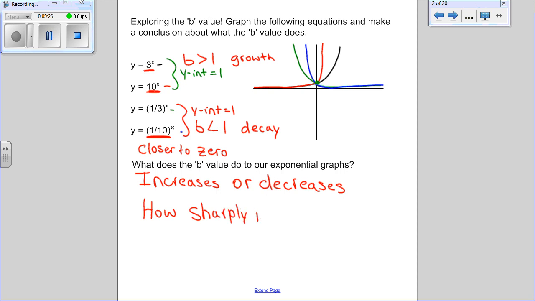I use the word sharply, but just how quickly you see it decrease or increase. I use the word sharp because people understand that for some reason. It's sharp, that it just comes straight down. I don't know if sharply is a word for it. It sounds cool. So yeah. How sharp.